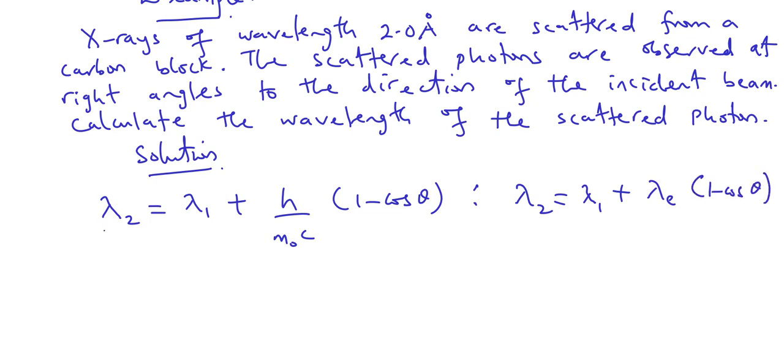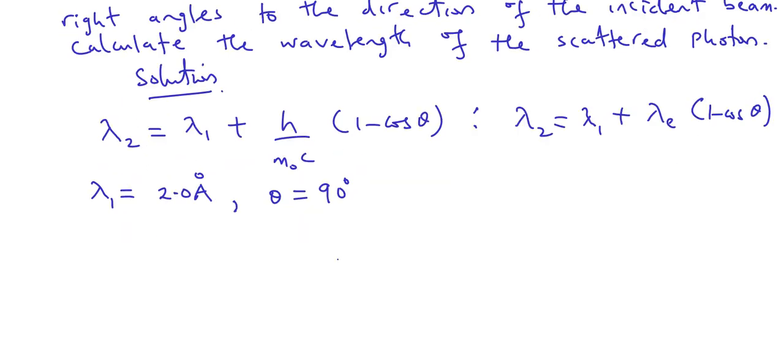We are told that the X-rays have wavelength 2.0 angstrom, so the original wavelength is 2.0 angstrom, which we can easily convert to meters. And the scattered photons are observed at right angles, meaning the angle is 90 degrees to the direction of the incident beam. So we can easily calculate.